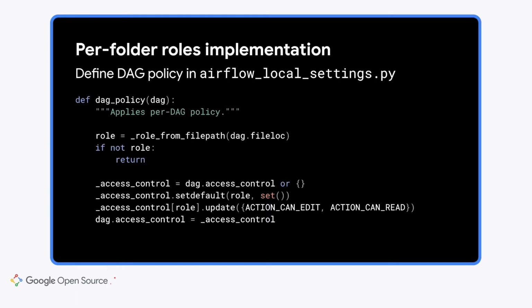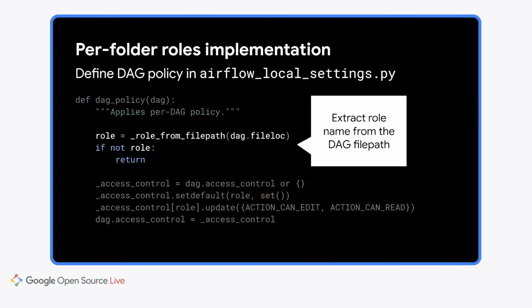How did we implement it? We used another Airflow customization mechanism called cluster policy, which enables you to inject code to execute in the context of parsed DAGs or tasks. Here we operate on DAGs, so we define the DAG policy in the standard Airflow local settings.py file. This policy has just two steps. First, it extracts the role name from the DAG file path.